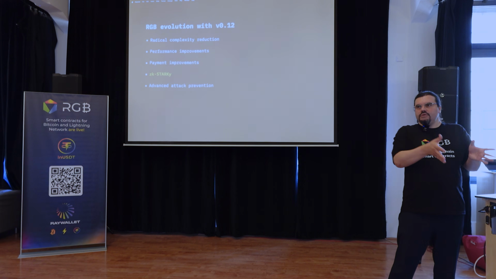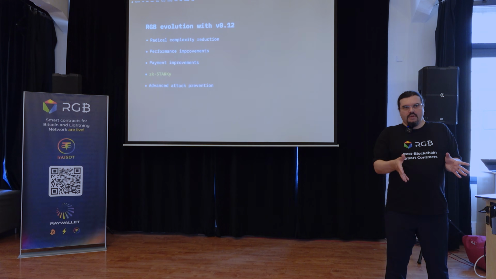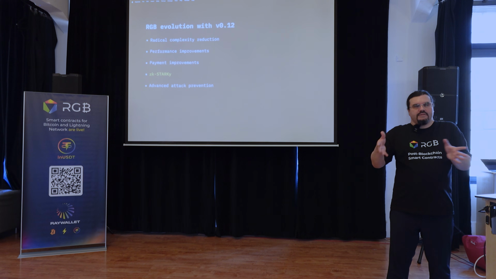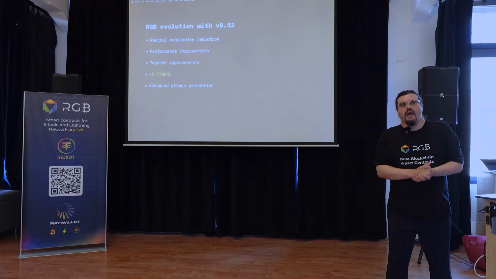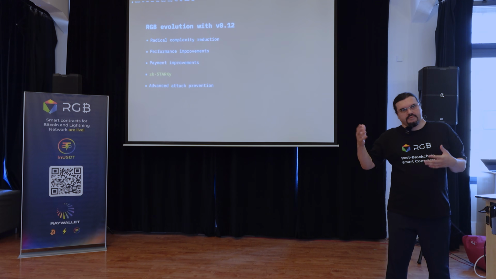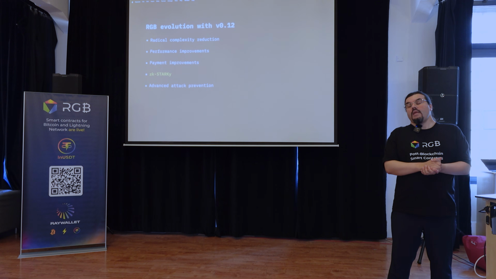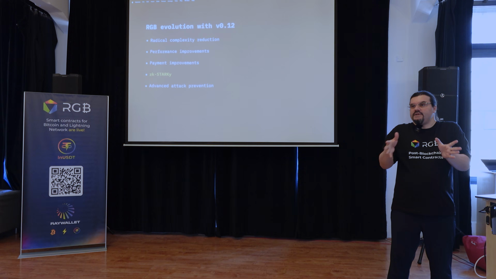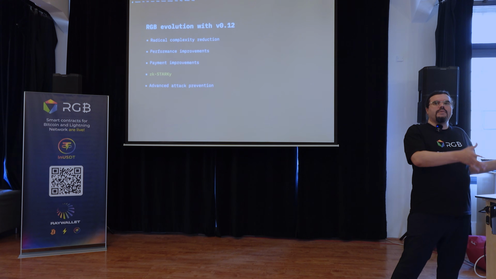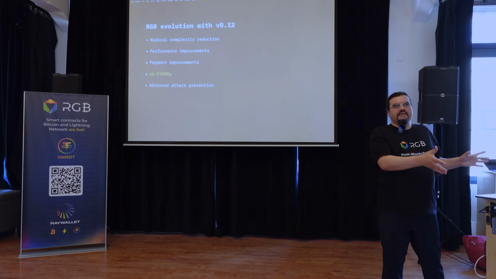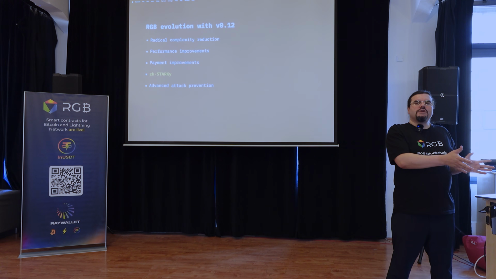RGB itself wouldn't contain a ZK prover. We will use existing provers, probably S2 from Starkware, or maybe over time we will have better ones. So we don't develop a ZK prover itself, but we have RGB which can be proved with any ZK-STARK prover in a very efficient form.